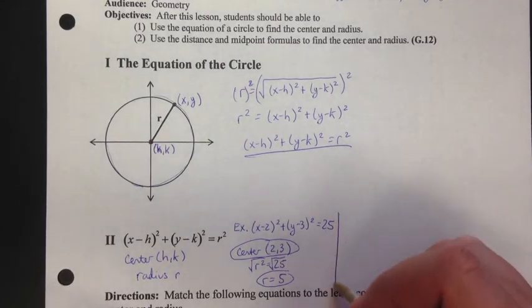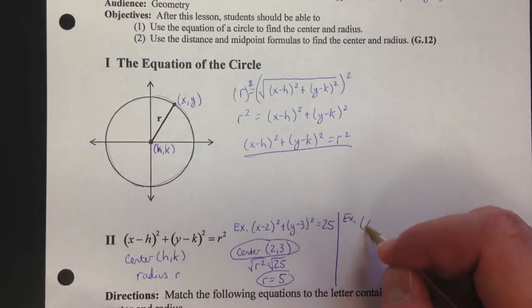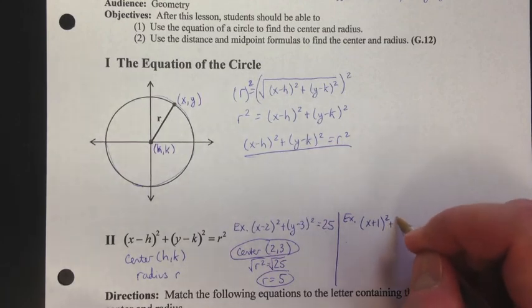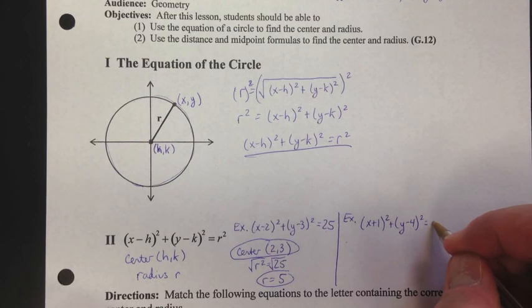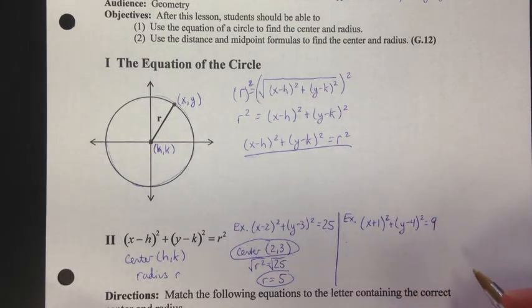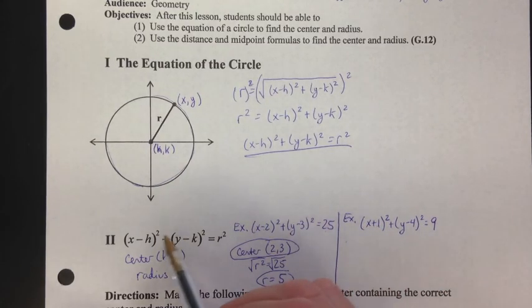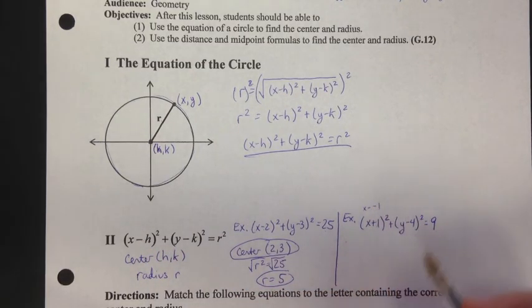Alright, let's take another example. I'm going to give you two more here. Let's say the equation was x plus 1 squared plus y minus 4 squared equals 9. Now this is positive 1 in the parentheses, but when you write the equation, you have to think of it as subtraction. It's like x minus a negative 1.